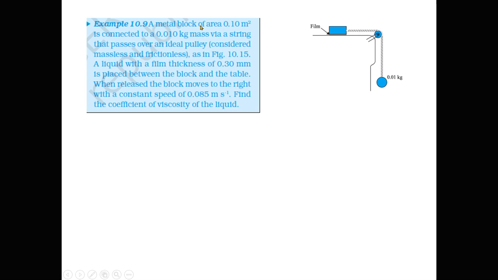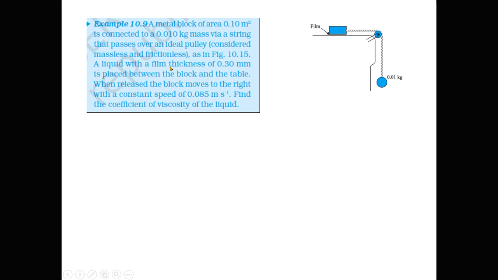So a metal block of area 0.1 meter square is connected to a 0.010 kg mass via a string that passes over an ideal pulley, considered massless and frictionless, as in figure 10.15.